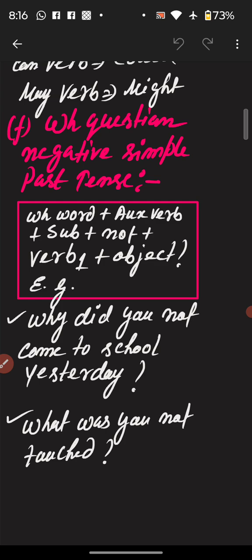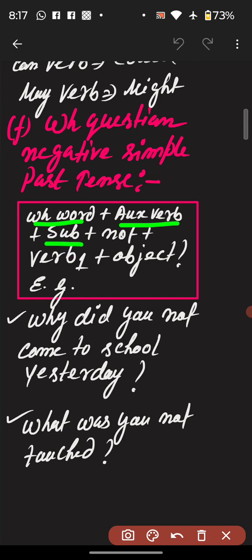So the construction will be WH word plus auxiliary verb plus subject plus not plus the principal verb in present form plus object. Again I am telling you, WH word plus auxiliary verb plus subject plus not, you are putting not extra here, plus verb in the present form, that is principal verb in the present form, plus object.